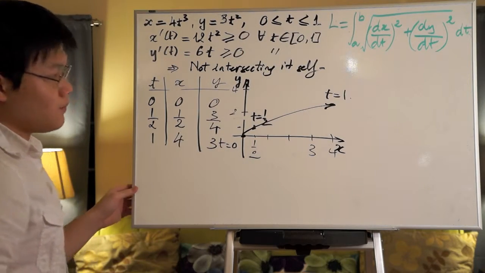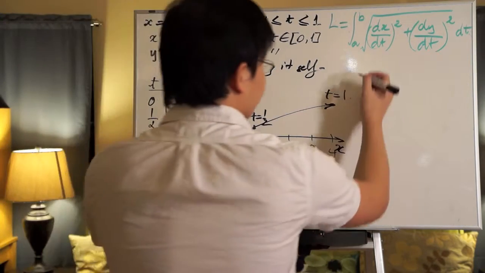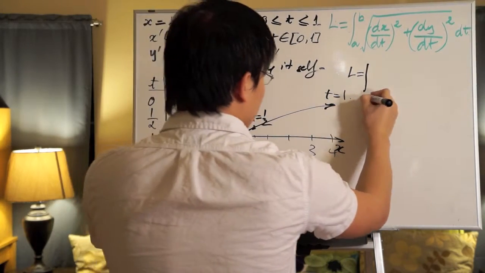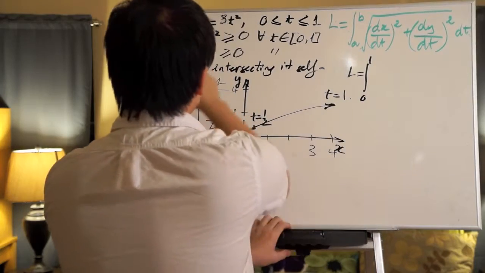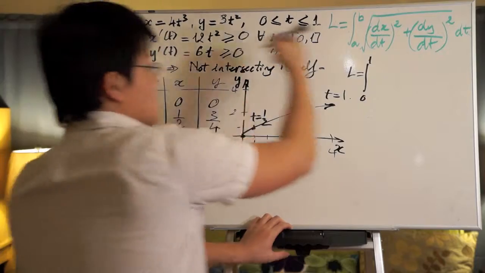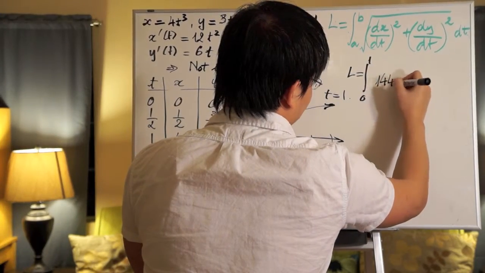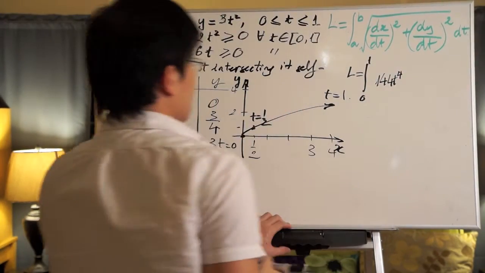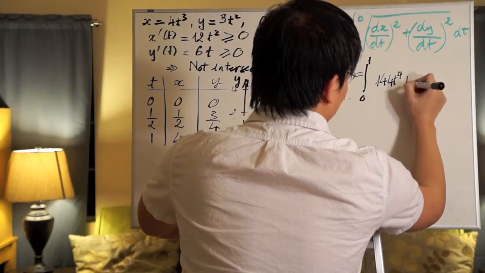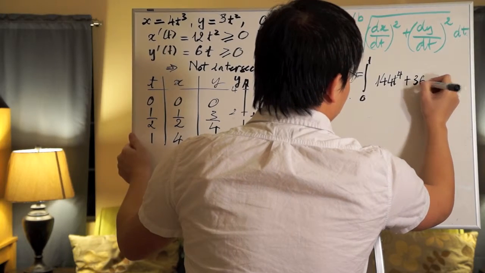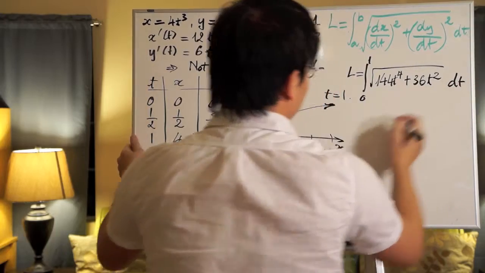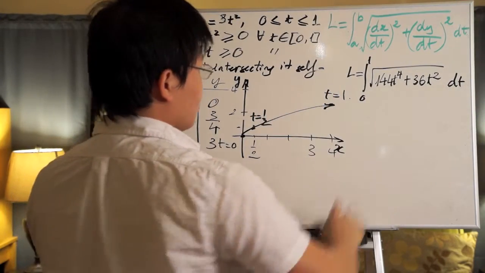The length L will be equal to the integral from 0 to 1 of the square root of the derivative squared, so 144t to the 4th, plus 6t squared, so 36t squared, dt.